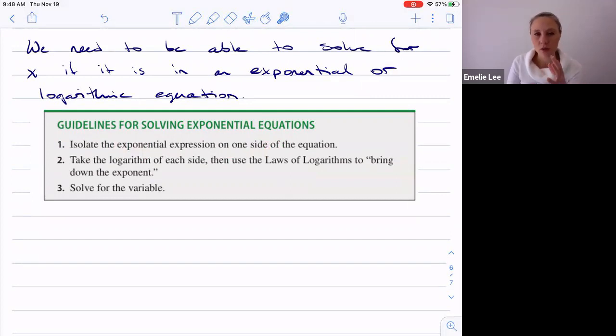So you basically move x to one side, which is what you would do anyways. Then you take the logarithm of each side and then use the log laws to bring down the exponent. We did that just briefly, but now we're going to make our exponential equations a little bit bigger. And then once you've brought down your x, you can solve for it.